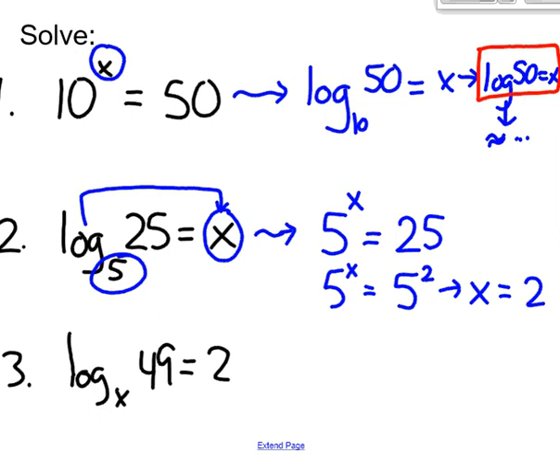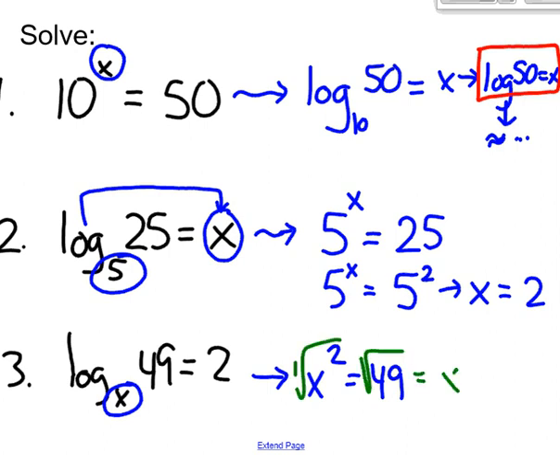And the last one, if you change this into the other form, we're going to have x exponent 2, because x is our base, so x exponent 2 is equal to 49. How do you get rid of the 2 here? Square root on both sides. So x is equal to 7.